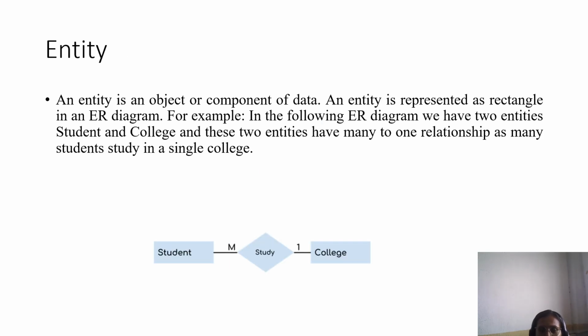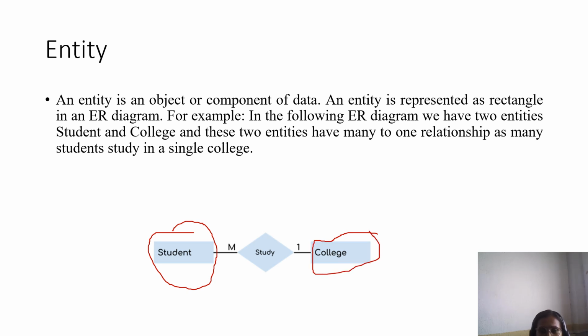Then what is an entity? An entity is an object or component of data. An entity is represented as a rectangle in an ER diagram. For example, in the following ER diagram, we have two entities. The one entity will be the student and the other entity is the college.